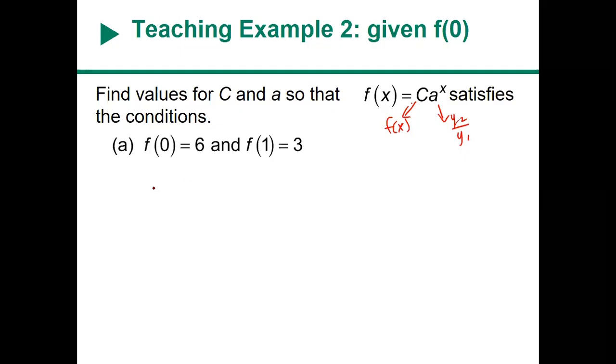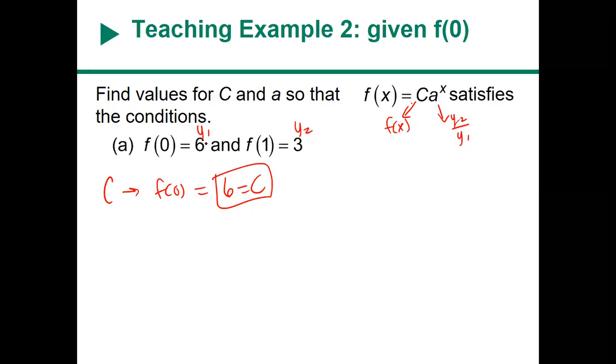On the first one, c is our f of 0, and what is f of 0? 6. So we know that 6 is our c value. If I have f of 0 equals 6 and f of 1 equals 3, that means this is my y1 and this is my y2.